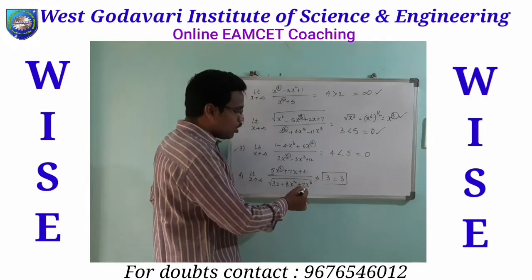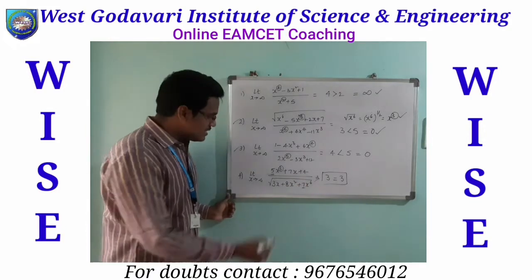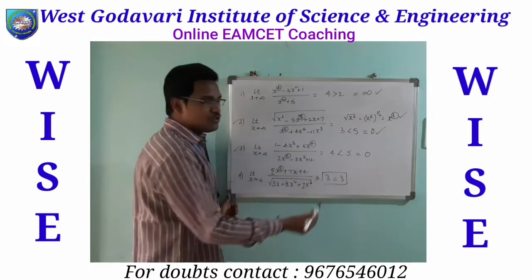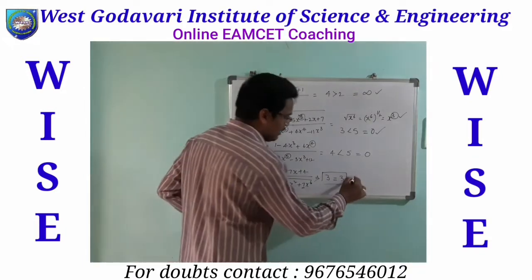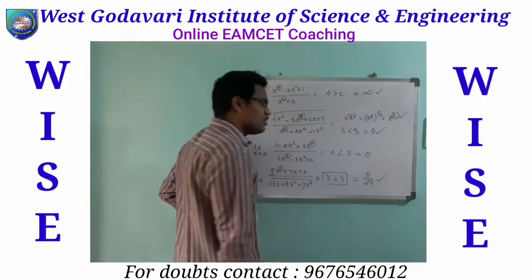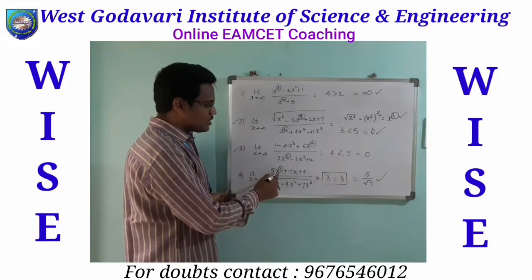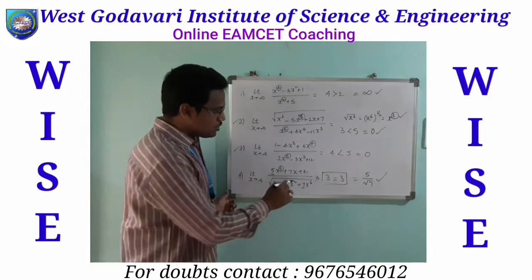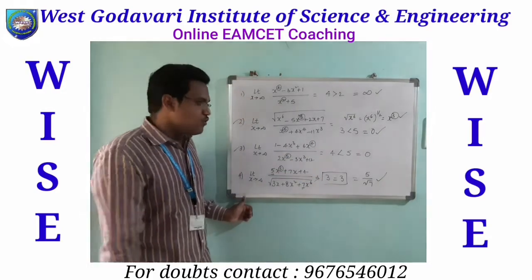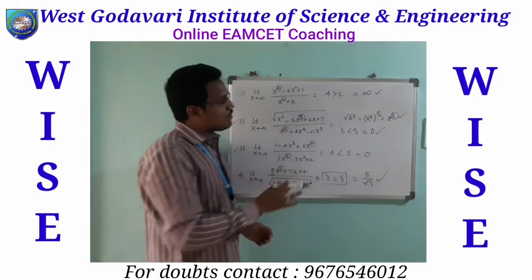Here the coefficient in the numerator is 5 and the coefficient in the denominator is root 7. These are the coefficients and these are the power values. So 5 by root 7 is the right answer for this question.